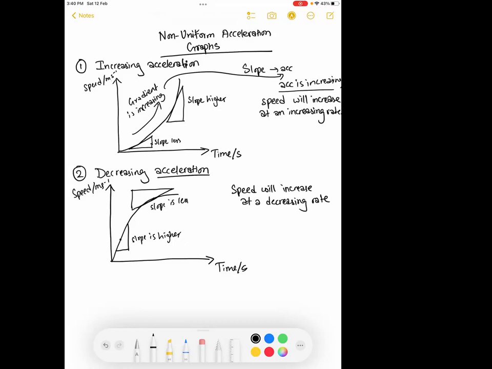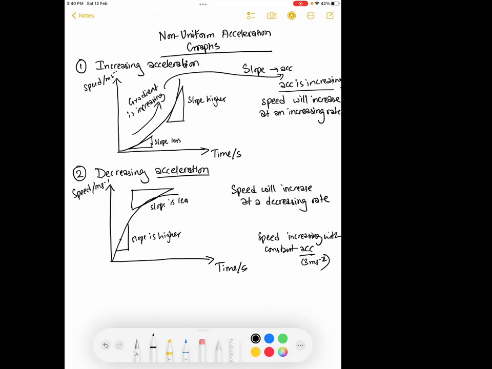So let's say for constant acceleration, in this case, our acceleration is 3 meters per second squared.